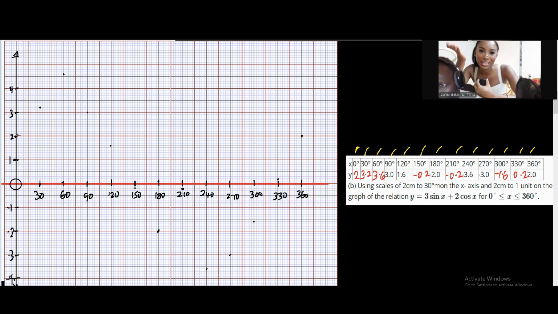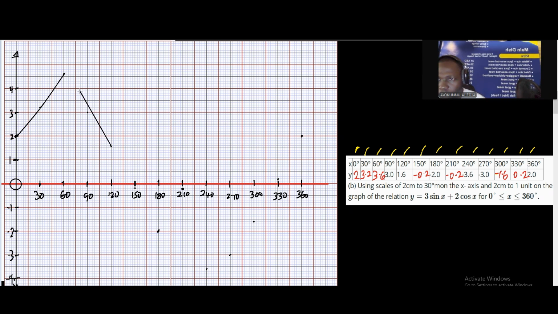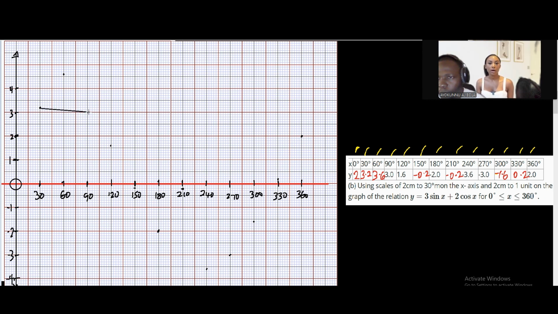But let me see if I can try to connect it a little bit. It's supposed to be a curve. What I would need to do is to firstly join this one, make this a curve first.